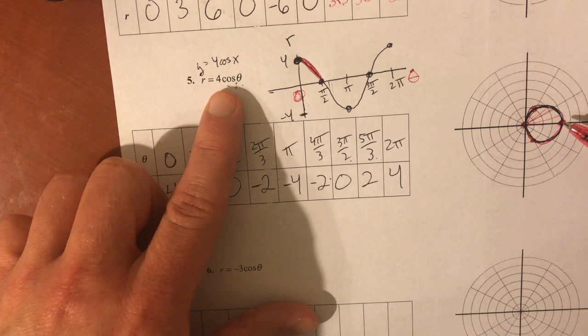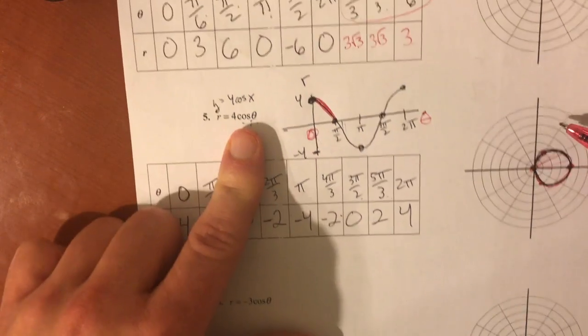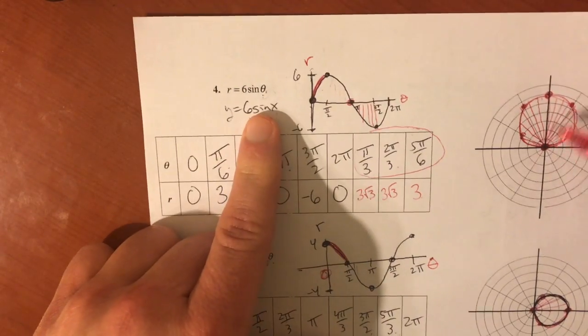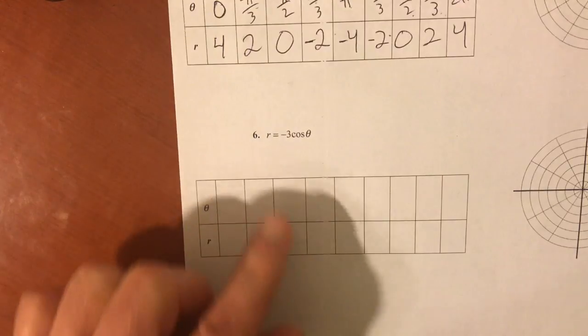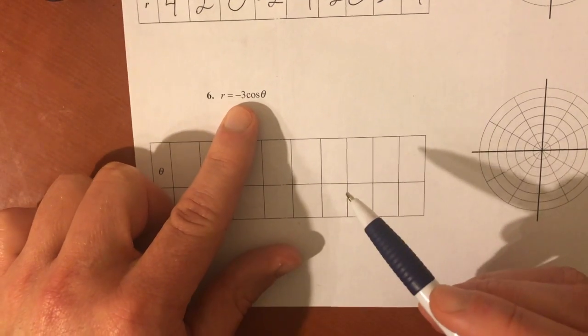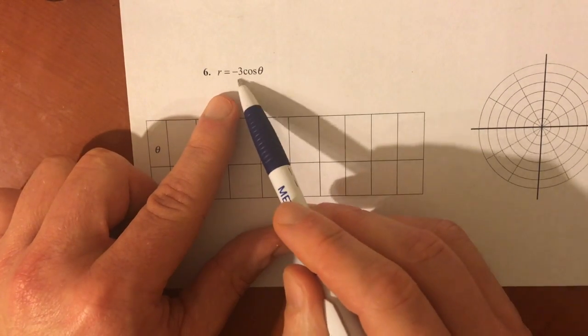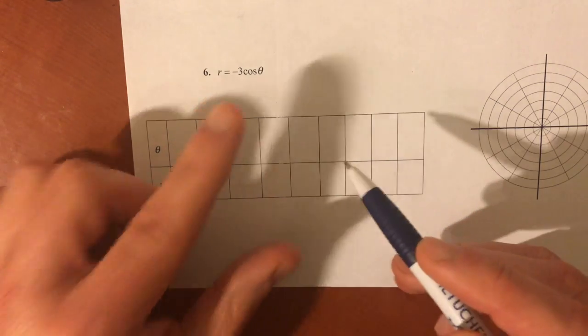And that's not a coincidence if you think cosine is always associated with the x-coordinate and the x-axis, and the sine is always with the y-axis and the y-coordinates. So you'll start to pick up on these things. Negative 3 cosine, you might start to make some shortcuts and say it's a diameter of 3 cosine. That's going to be a circle on the x-axis.